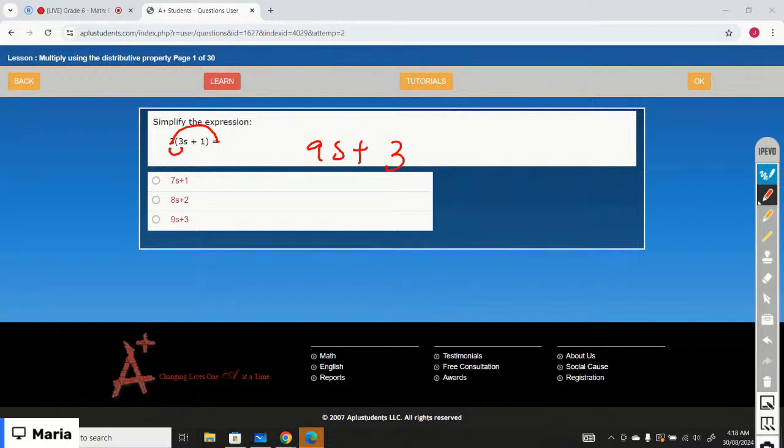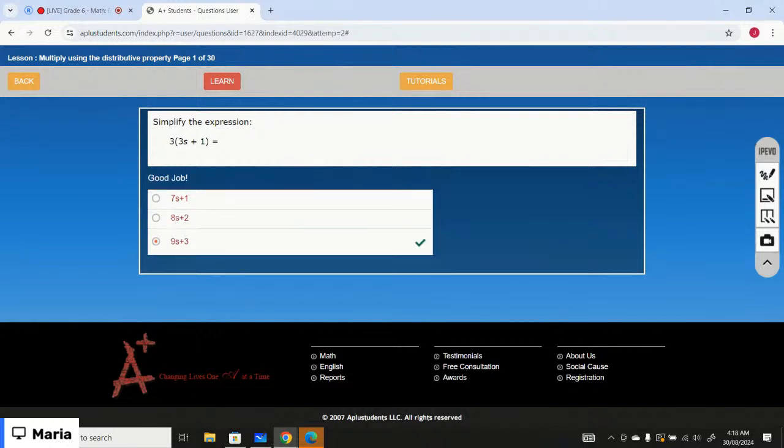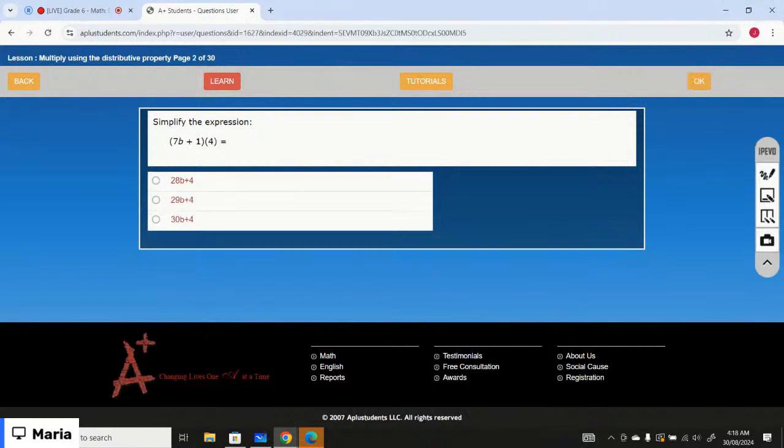9s plus 3 is the correct option, right? No one is answering why. The next one is simplify the expression 7b plus 1 times 4. So which is the correct option?